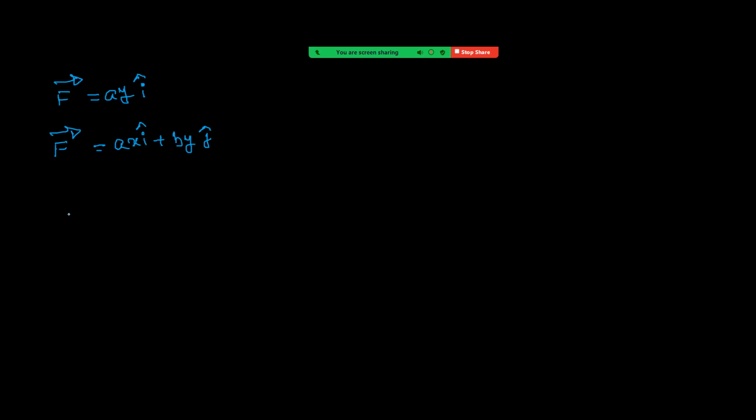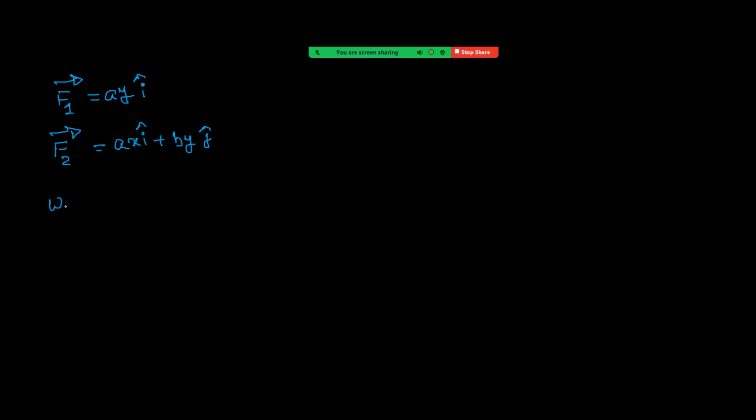We are saying a force is conservative if work done by that force is zero in a closed path, and from that we got a conclusion that work done is path independent. Let me take this as F1 and this as F2.